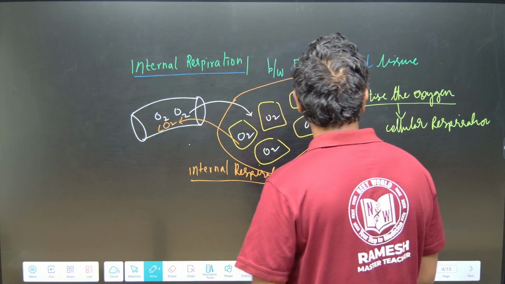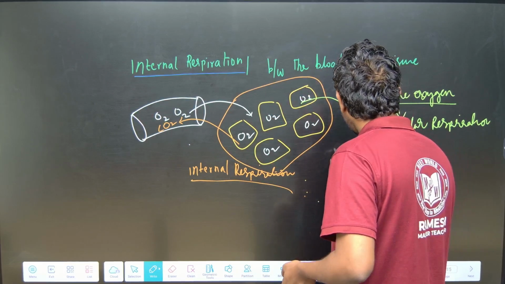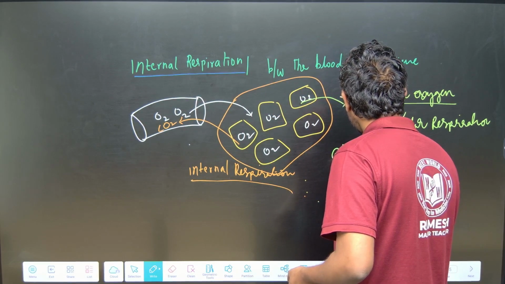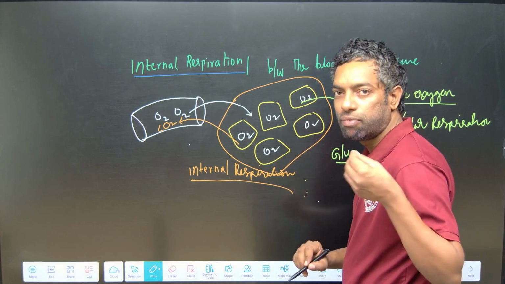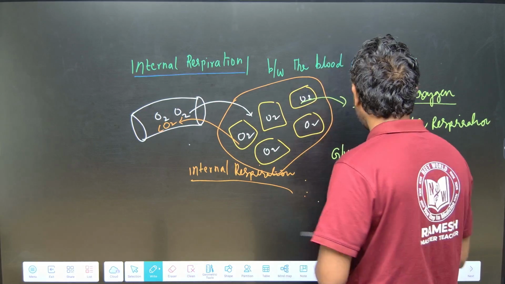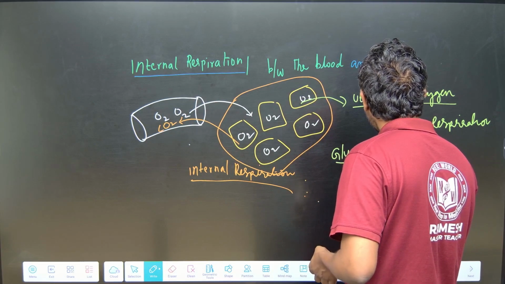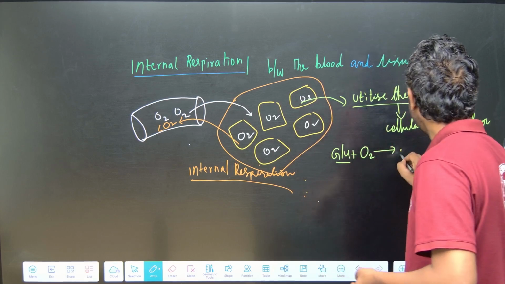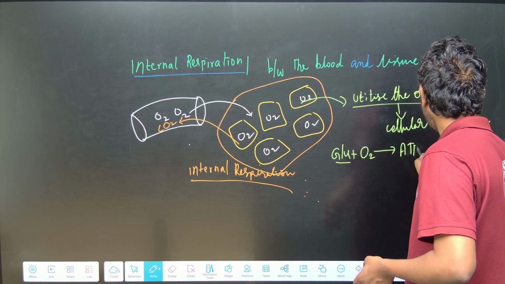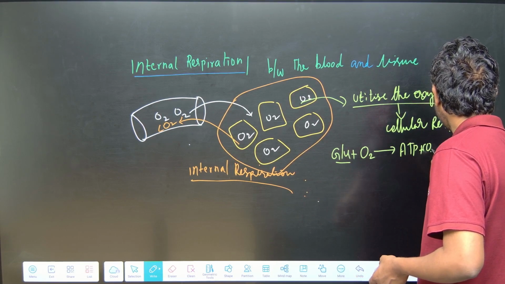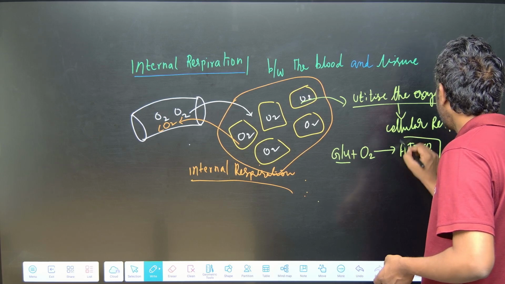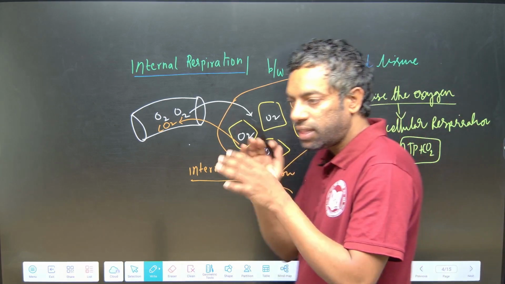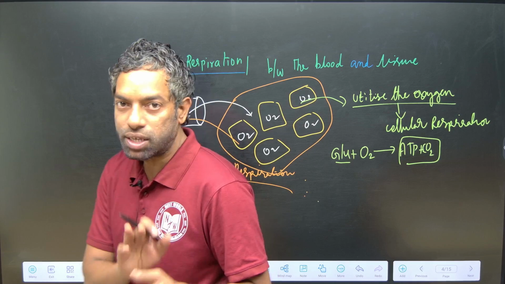How is it utilized? In the cell, glucose molecules are there as a simple food particle. It utilizes the oxygen and releases ATP and a byproduct, which is CO2. The utilization of oxygen at the cellular level is called cellular respiration.